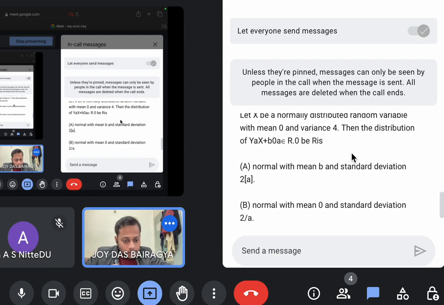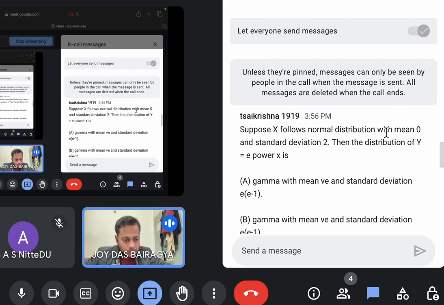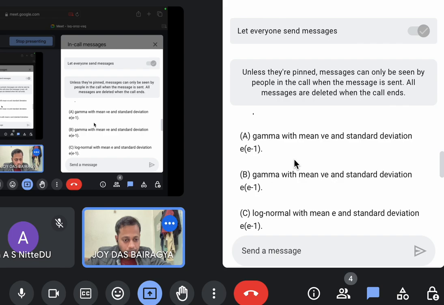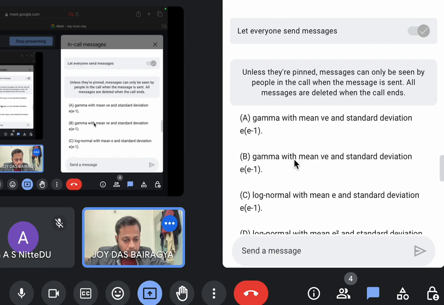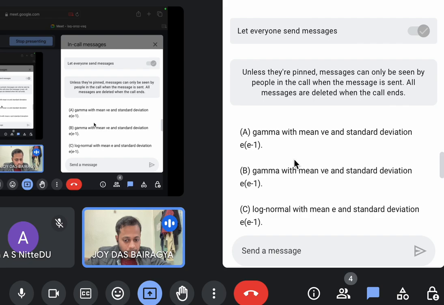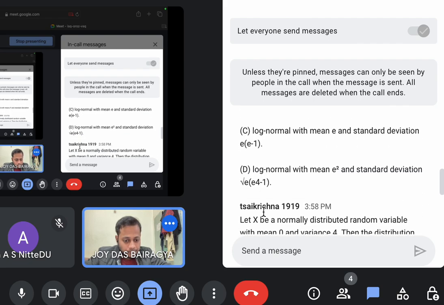Yeah, so you have a question: suppose X follows a normal distribution with mean 0 and standard deviation 2, then the distribution of Y = e to the power X is a gamma with mean positive and standard deviation e to the power minus 1.